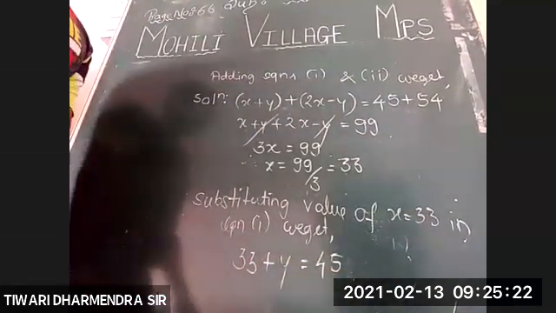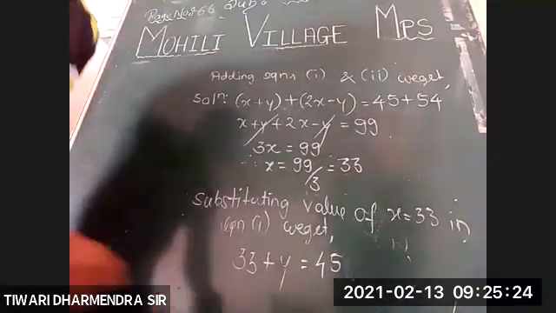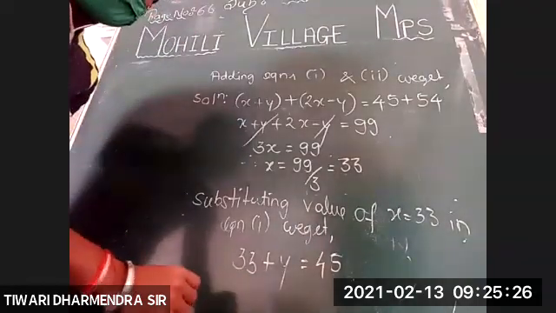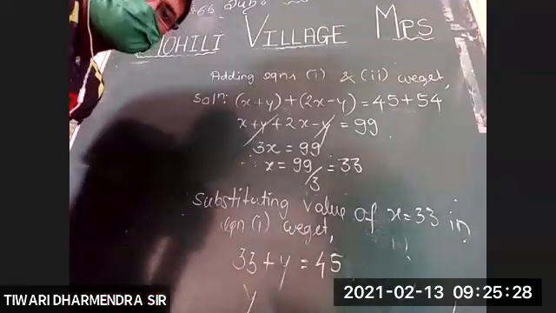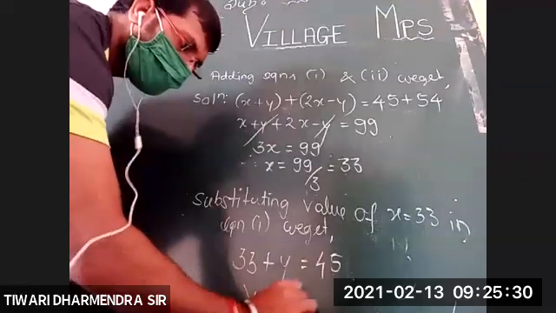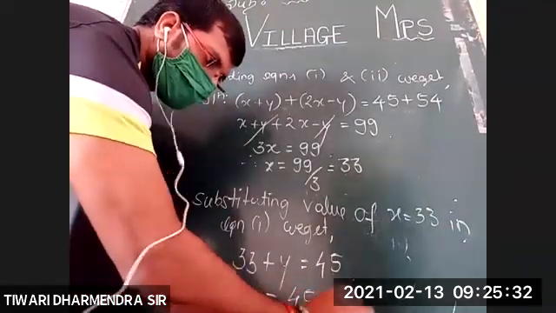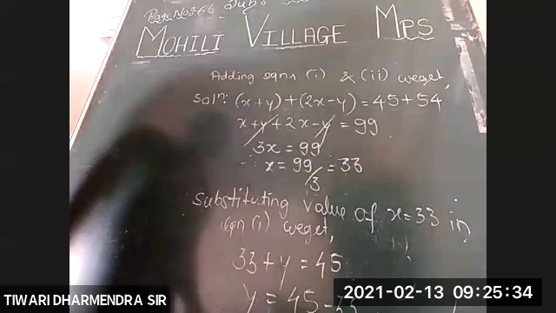So what will be the value of y? Y will be, hope this is visible, y is equal to 45 minus 33. 45 minus 33 is 12.